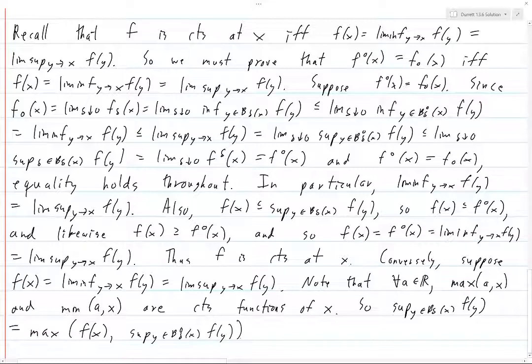Because if you remove a point, this is just how you would get an upper bound for this set. Supremums for finite sets are just maxes, and this is a maximum over just two elements. So this supremum equals this maximum.